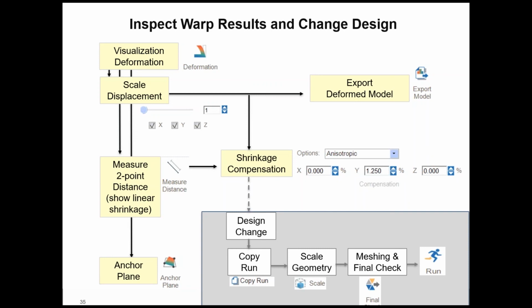It's going to take into account the shrinkage compensation values that you have in there, remesh it, rerun the analysis, and then you're able to do a comparison of results based on that shrinkage compensation, and see what kind of effect that has on the overall shrinkage and warpage of the part.